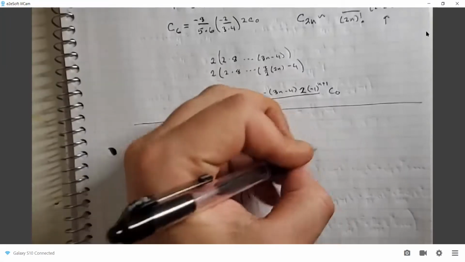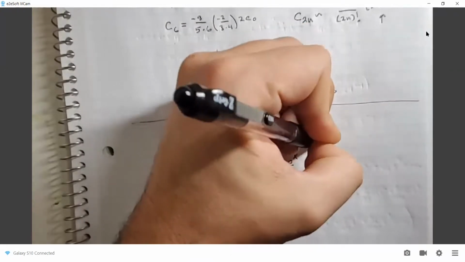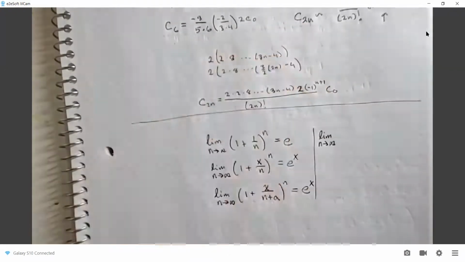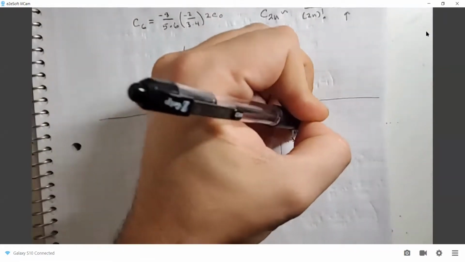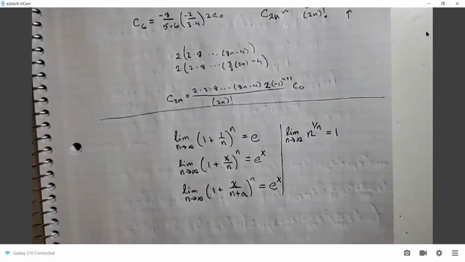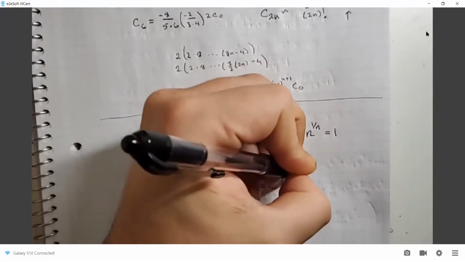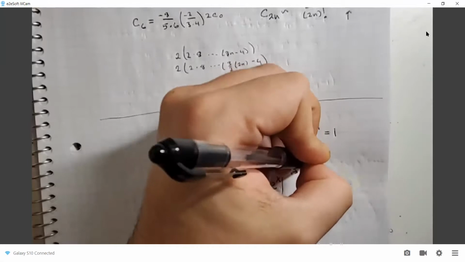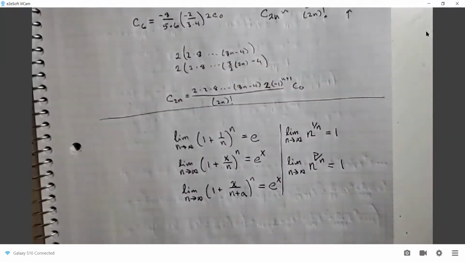And then another one that's useful for the root test is the limit as n approaches infinity of n to the 1 over n, which is equal to 1. And in fact, even better, the limit as n approaches infinity of n to the p over n, where p is literally any number, that's also 1. You could use the same sort of log arguments in order to prove this.